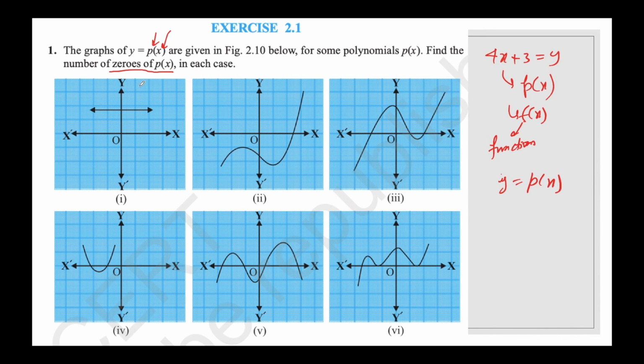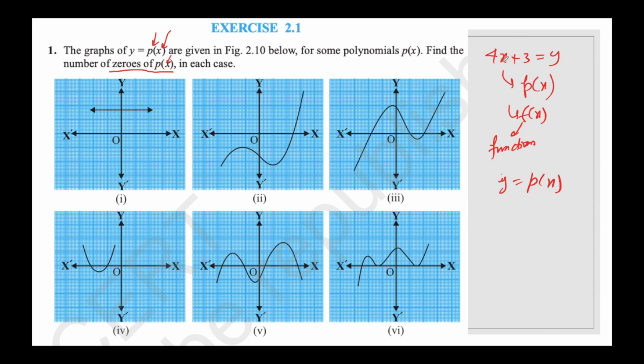That means how many values of x are present such that the polynomial's value will be equal to 0. I told you earlier that when I need to find it using the equation, I equate it with 0. I make it like 4x plus 3 equals 0, then I find out the value of x.